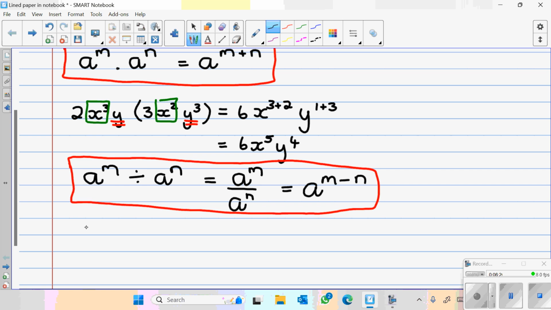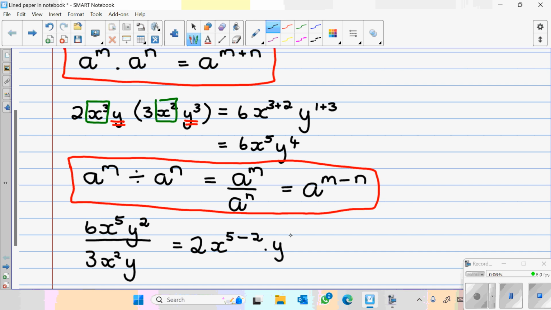So if I give you 6x to the power 5 y squared, and I ask you to divide it with 3x squared y, then you will say it is 6 divided by 3, which is 2, x to the power of 5 minus 2 times y to the power of 2 minus 1, which gives you 2x to the power of 3 y.